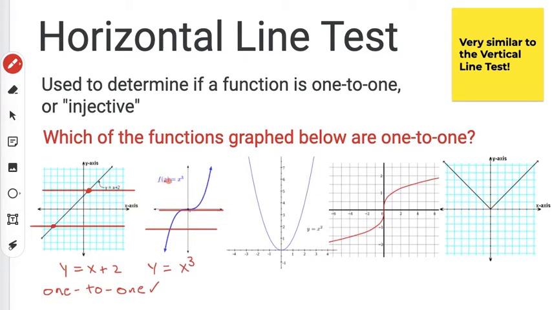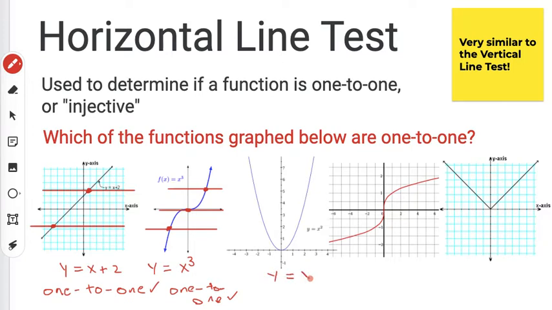I can draw 3 lines, and they all only go through one point, no matter where I draw the line. So this function passes the horizontal line test. It is also one-to-one.